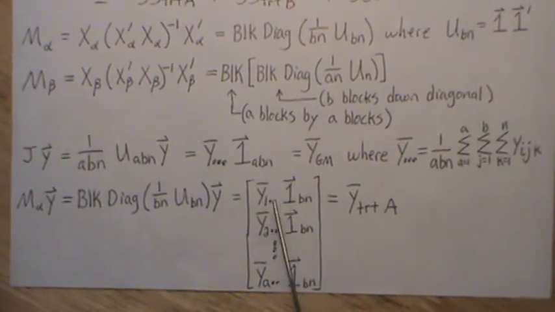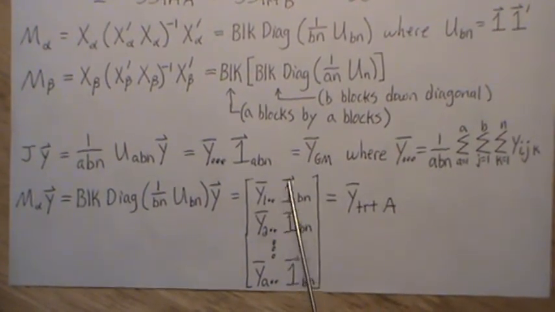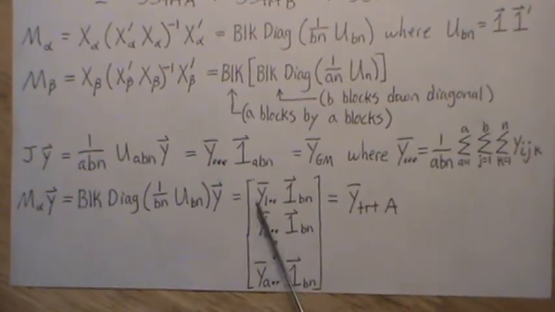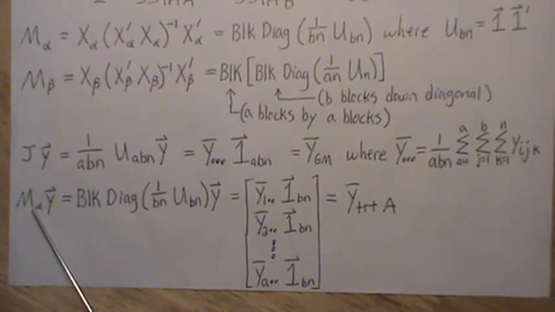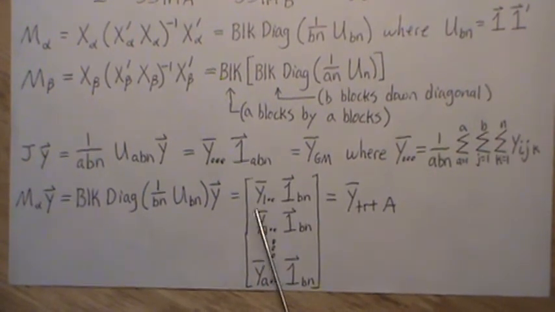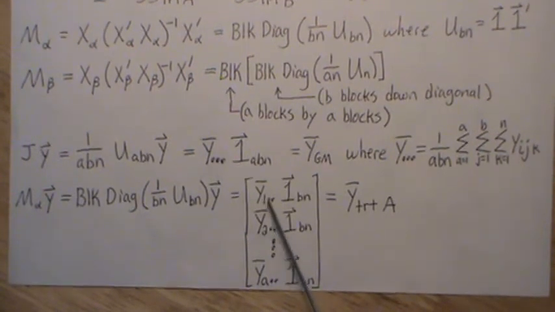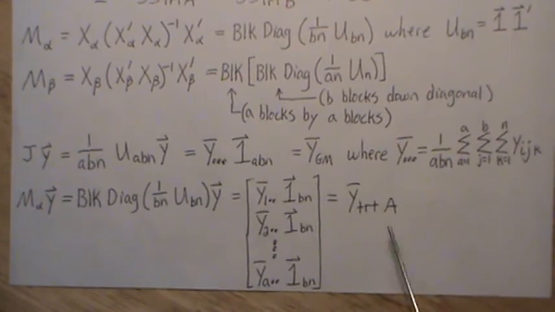And so it has to be in that column space. So it's some constant times this, some constant times this, some constant times this. Well, it turns out when y is the vector we're multiplying by m alpha, then it creates the level means, the factor level means for factor A.